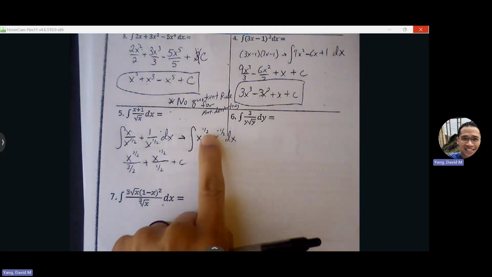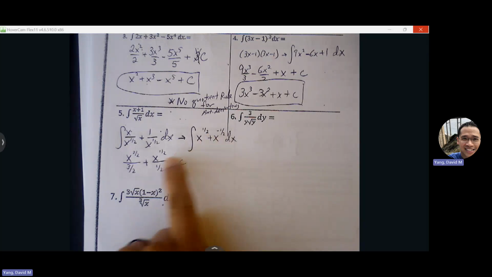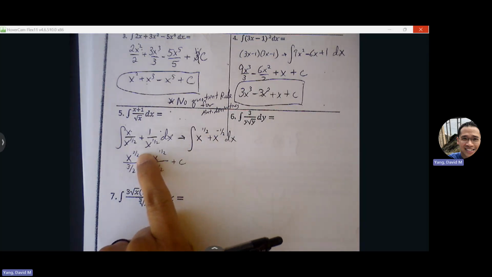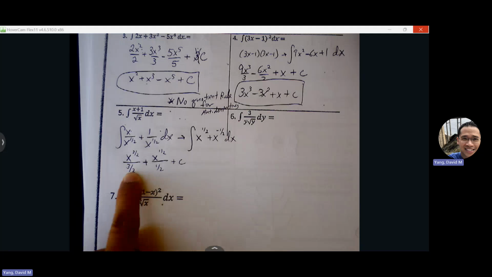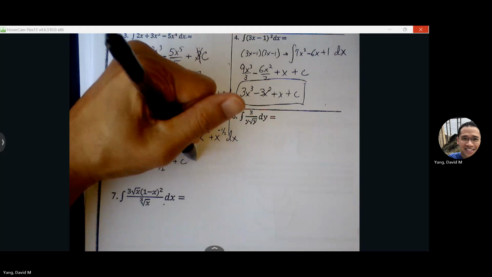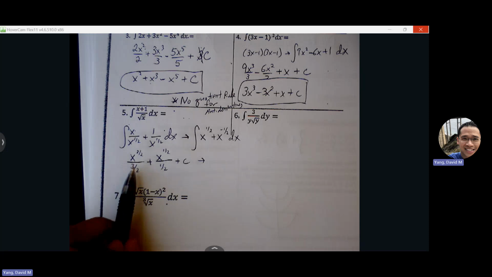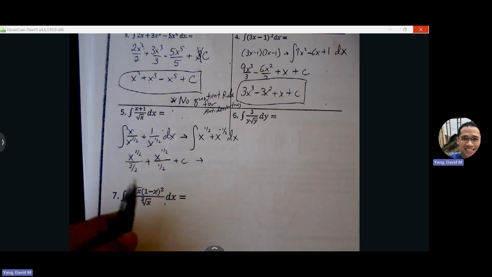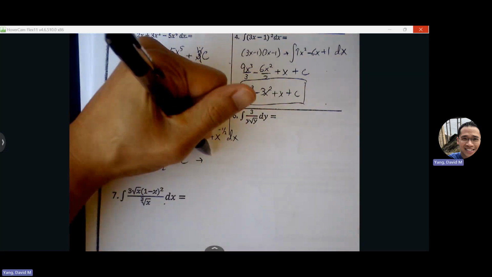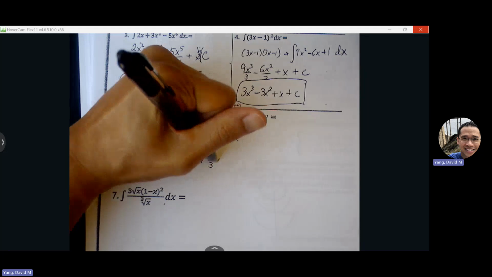I'm adding 1 to the exponent. 1/2 plus 1 is 3/2. Whatever exponent I find, I'm going to copy that number below in my denominator. And usually what I like to do is if I see a fractional value in the denominator, I just like to flip it up, take the reciprocal, to make it a little bit easier to interpret.